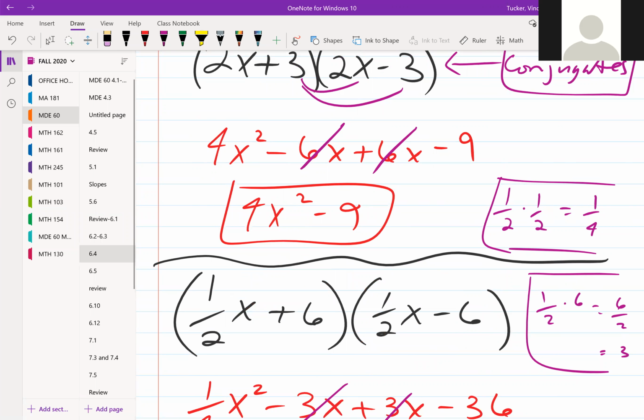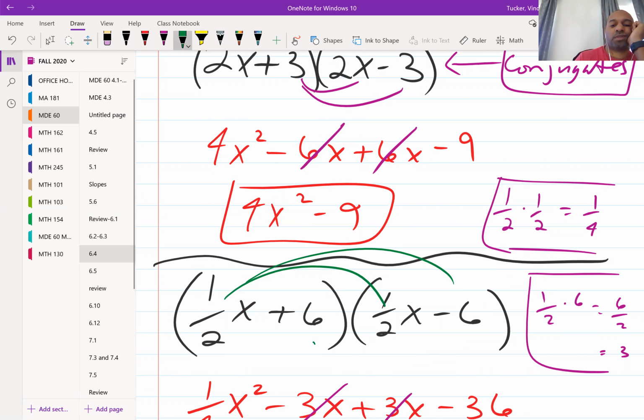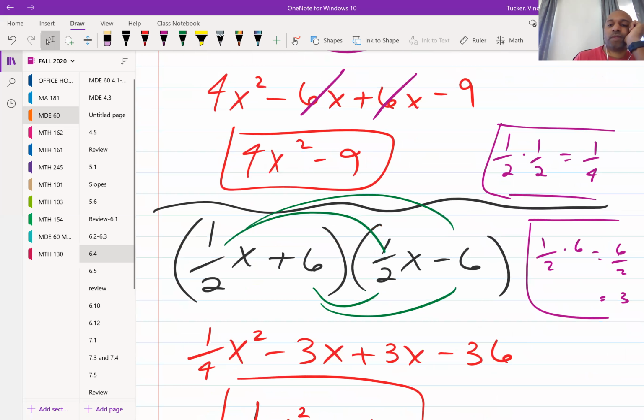So here we have 1/2 x plus 6, 1/2 x minus 6. Once again, we have to distribute. And so like your classmate mentioned, that's what this is right here, 1/2 times 1/2 gives you 1/4 x squared. And then I have 1/2 times negative 6. So 1/2 times 6 is just 3, or in other words, half of 6 is 3.